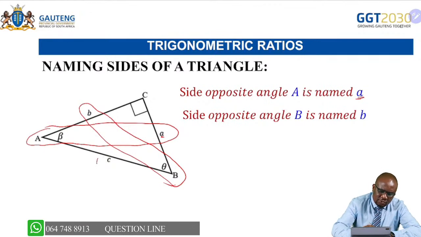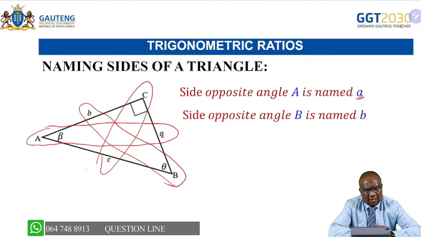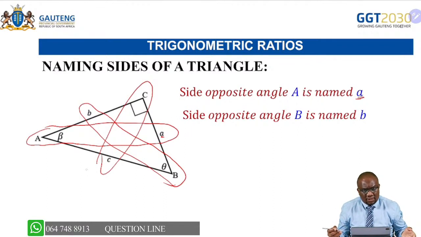And the side opposite angle C is named with small letter c. So in the next example, I'll be using the small letters to name the sides. Same thing.